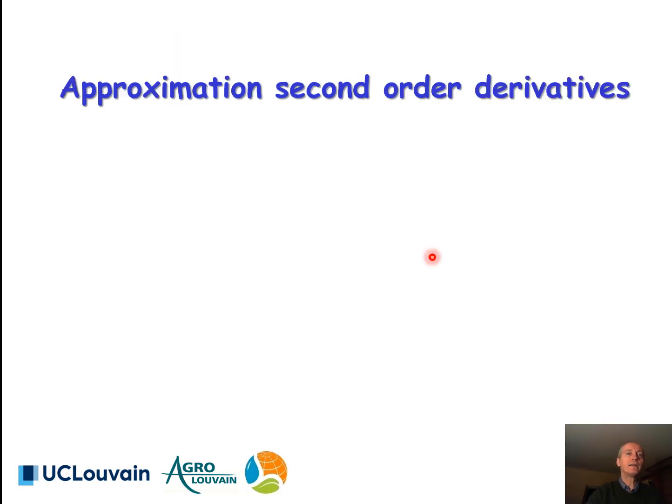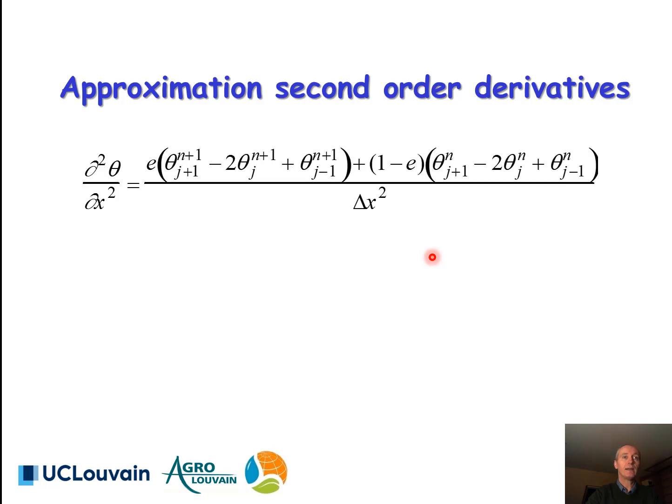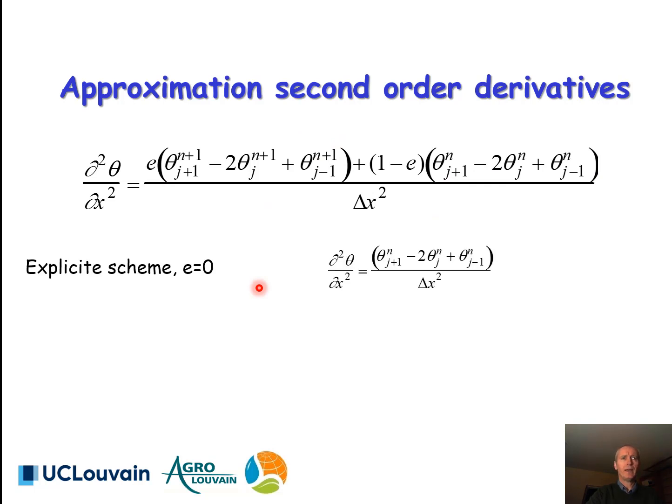Hence, with the numerical discretizations, we were able to transform the first order derivative into a finite difference analog. We can now apply similar approaches for the second order term and apply different variants, as modulated, for instance, in this case, by the artificial parameter E, which allows us to mix forward and backward solutions. For instance, if we consider E equals 0, we evaluate the second order derivative in terms of actual theta values.